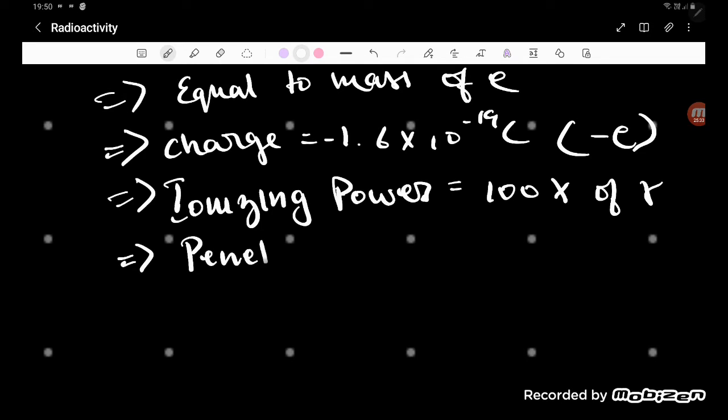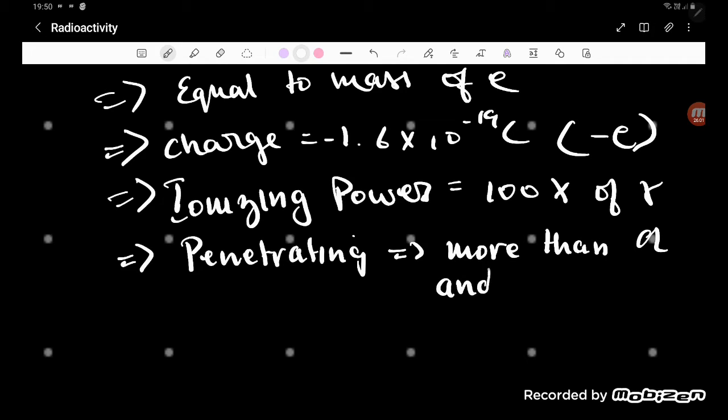Penetrating power is more than alpha and less than gamma.